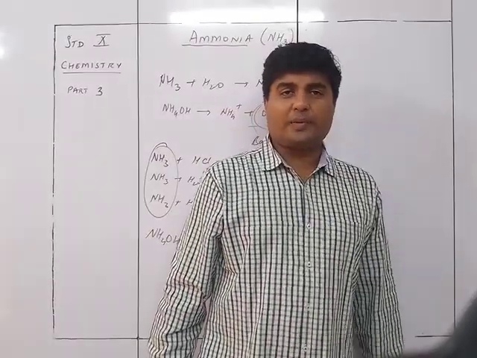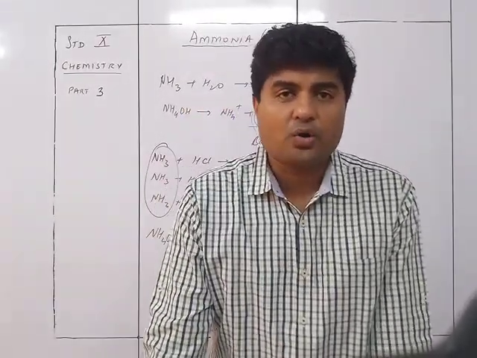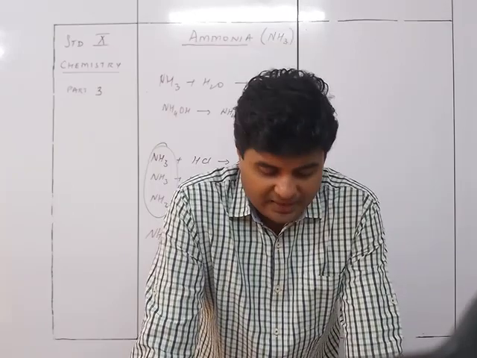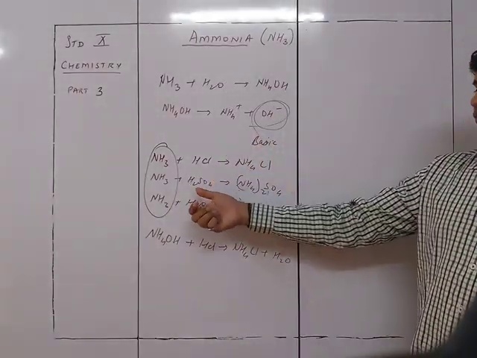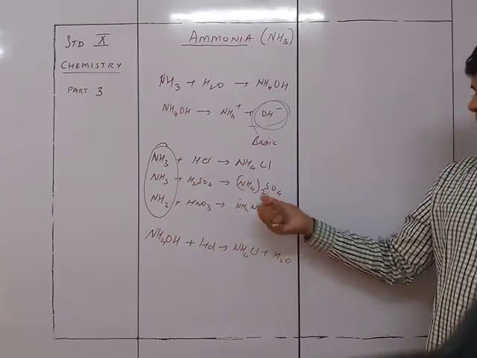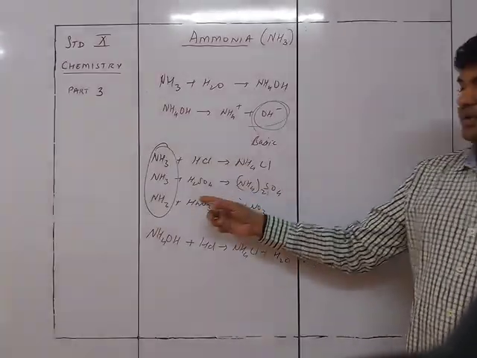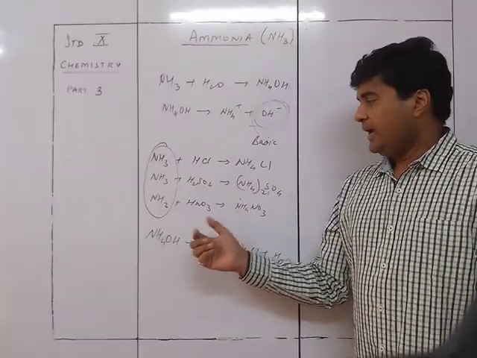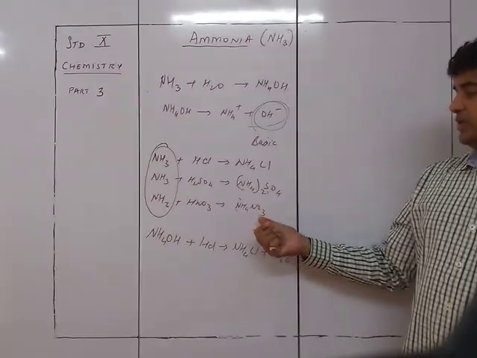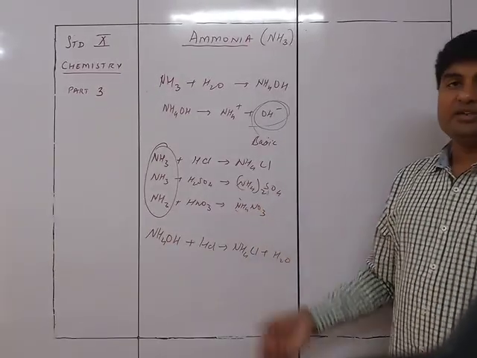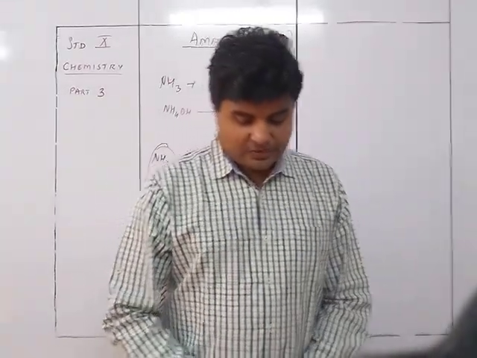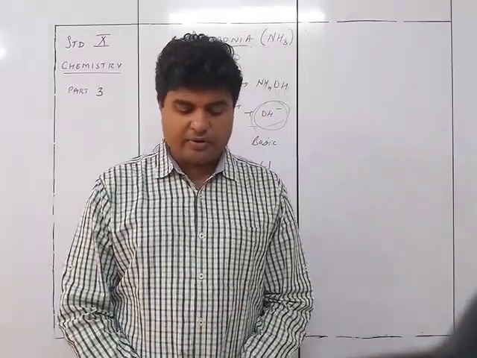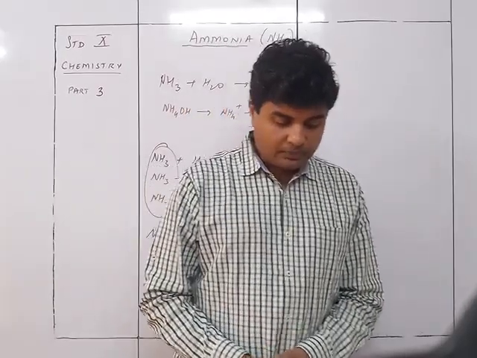A neutralization reaction takes place when ammonium hydroxide reacts with acids. The sulfate and nitrate form in the same manner: (NH4)2SO4 plus H2O in the case of H2SO4 with NH4OH, and NH4OH plus HNO3 gives NH4NO3 plus H2O. That is the neutralization reaction, resulting in the formation of ammonium salt and water.